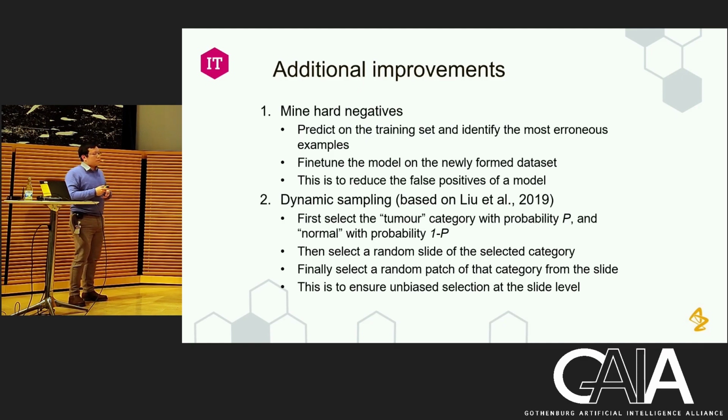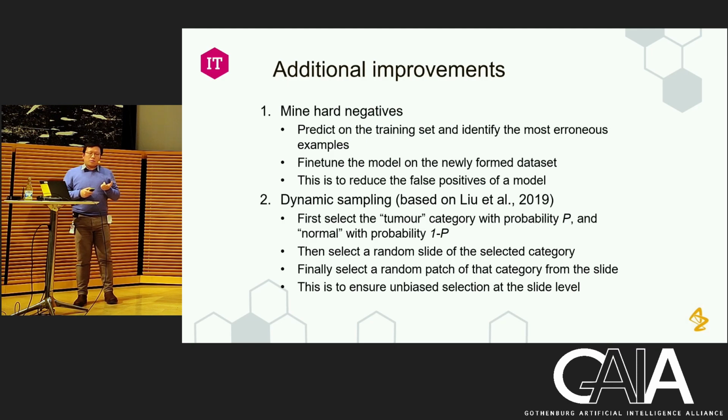We select those as a subset of the original training set, form them into a new data set, and retrain the model. We can go through a couple of iterations to reach a better model. The reason for doing this is to reduce false positives in the prediction.